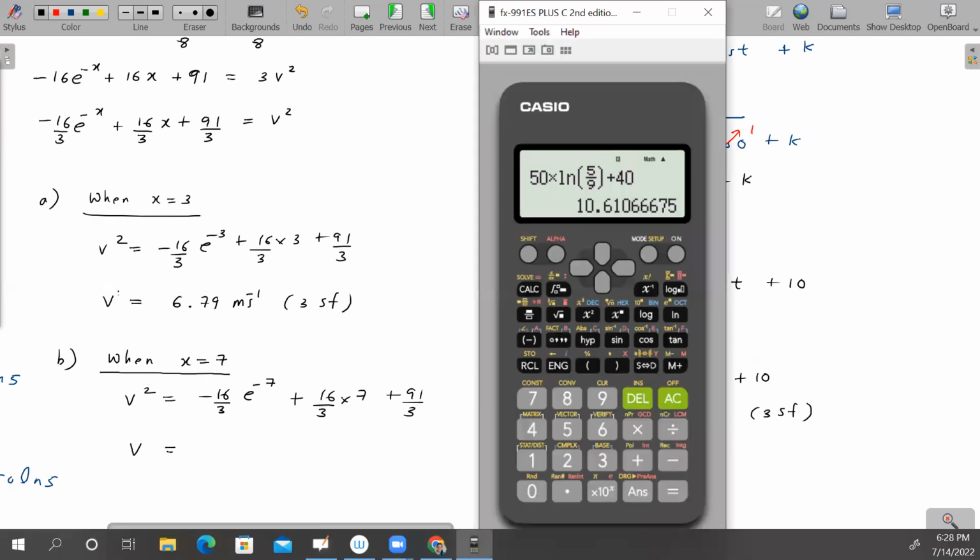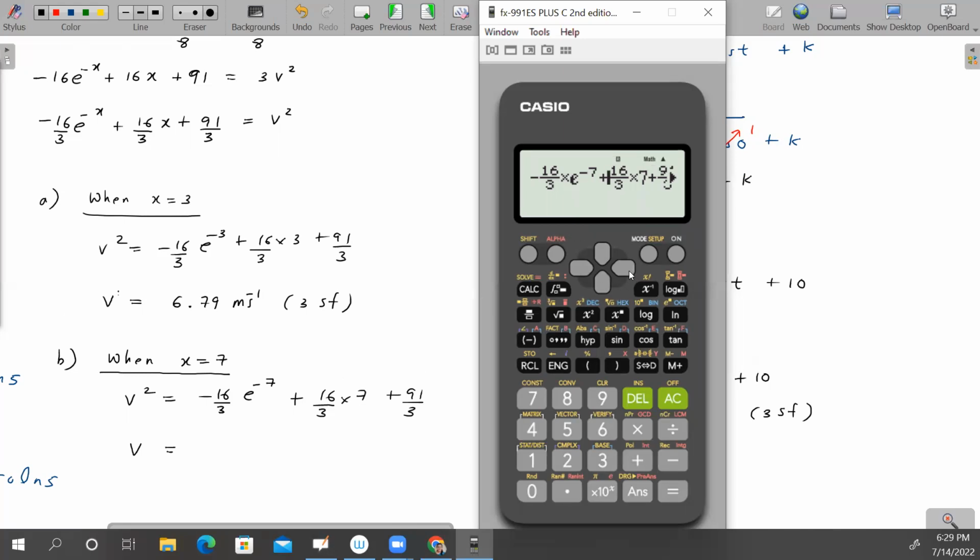Minus 16 over 3 into e to the power minus 7 plus 16 over 3 into 7 plus 91 over 3. Oh no, I think I've made a mistake. It is minus 16 over 3 into e to the power minus 7 plus, over here, right?